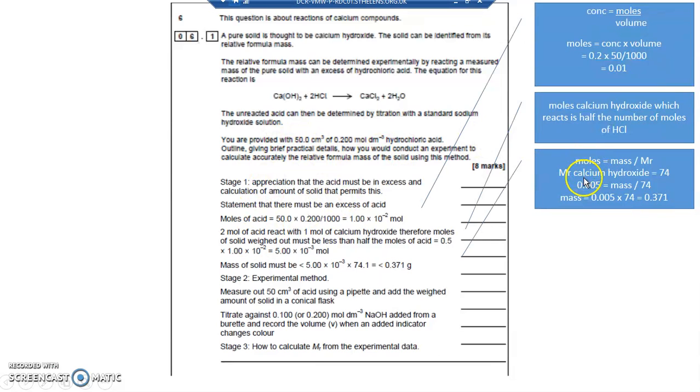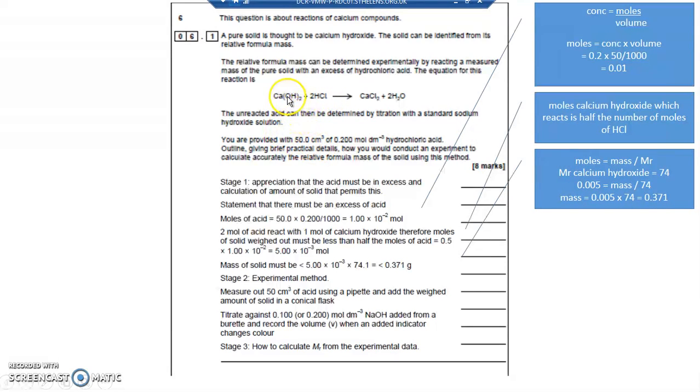It doesn't tell you, so let's work it out. The Mr of calcium hydroxide is 74: 40, add 2 16s for the oxygens, add 2 1s for the H's. Mass is 0.005 times 74. It comes out accurately as 0.371. That's the number of grams of calcium hydroxide that would react with the acid.